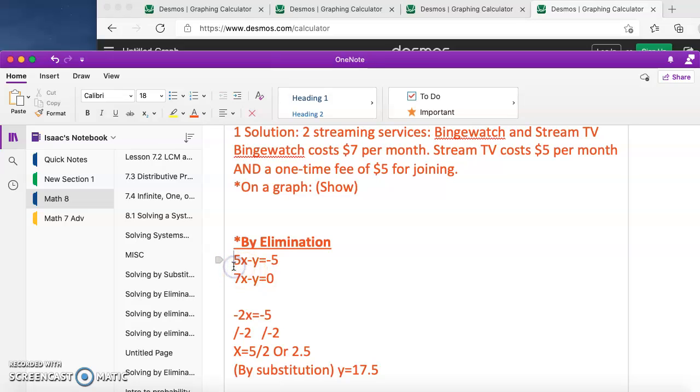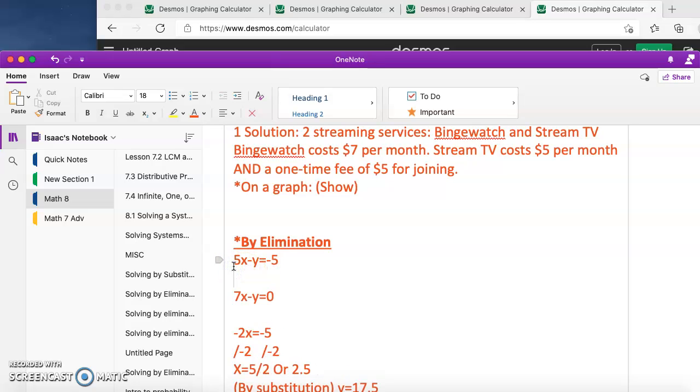So if we add these two together, right? We would get, let's see, 5x plus, or no, excuse me, if we subtract these because the signs are the same. 5x minus 7x would be -2x, and -y minus -y, which is the same as saying -y plus y, we'd get 0, so that's -2x plus 0, and -5 minus 0.